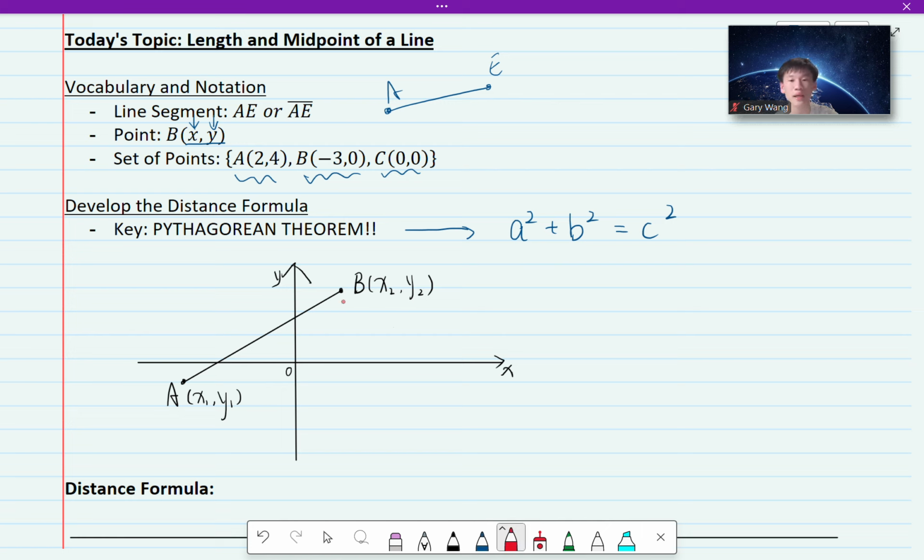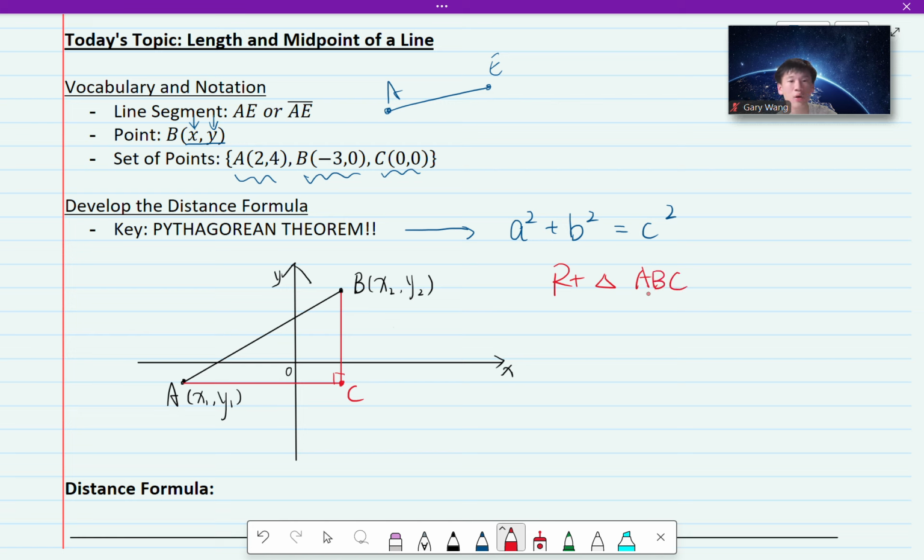So the key is to construct a right-angled triangle. Something like this. So we want the right angle at the extended line segment right here, such that we have this right triangle ABC.